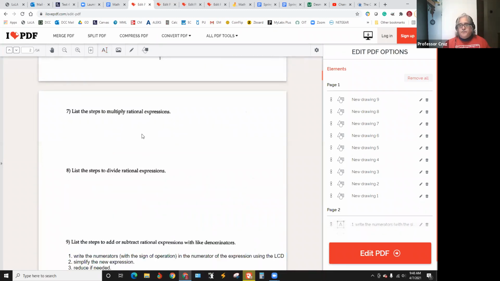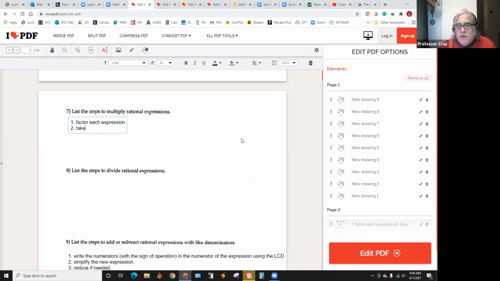All right, remember multiplying. All right, so the first thing we need to do is factor, take out, if there is any, usually when you do this and you take out the common factors, oftentimes there's not anything left to multiply, but we're going to say multiply any remaining factors, simplify.